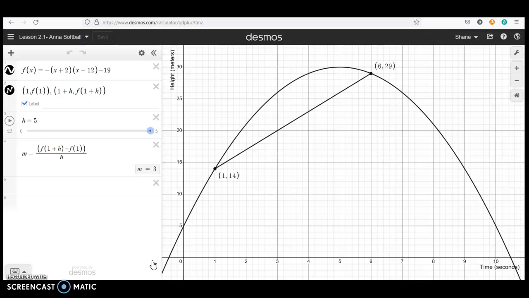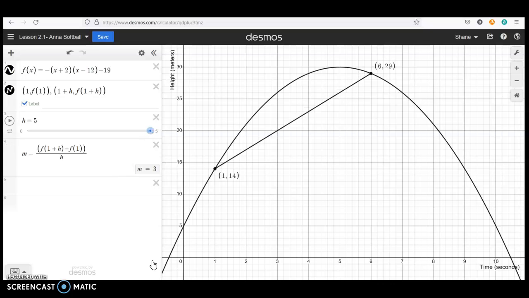I've set up the slope formula from the point 1 to whatever point, and I can move this point around here using my little slider. And you see, as I move that point around, you notice that the slope here changes.